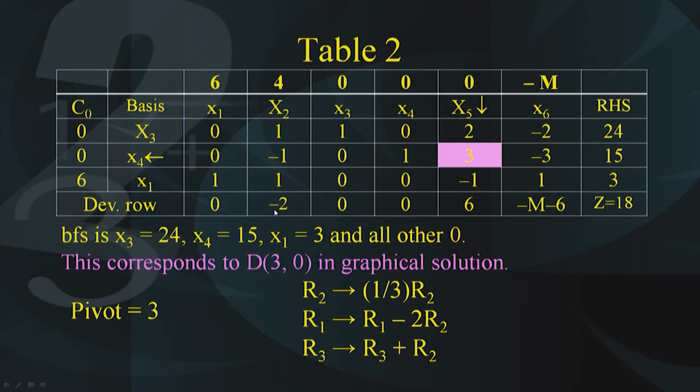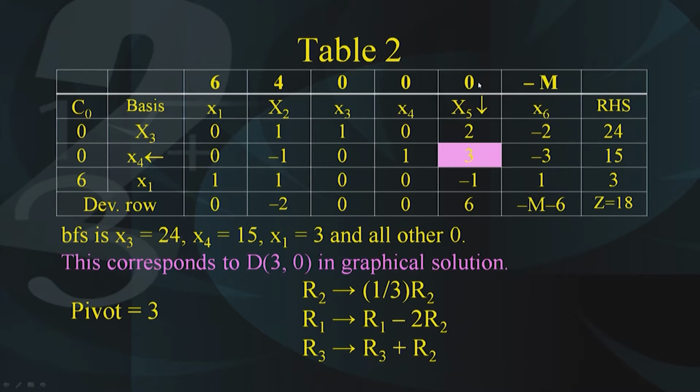The only entry to be calculated is for x2, that is 4 minus (0, 0, 6) multiplied by (1, minus 1, 1), which comes out to be minus 2.